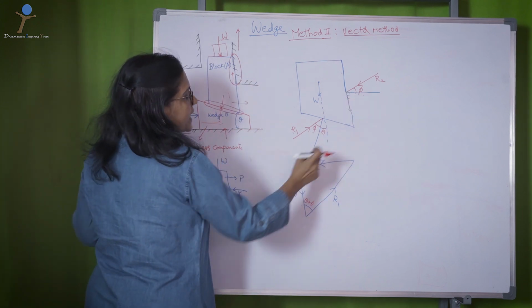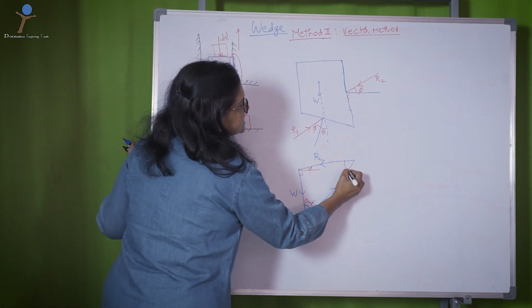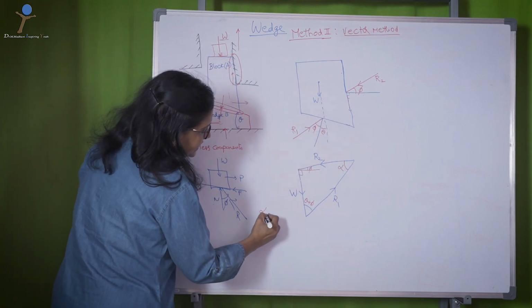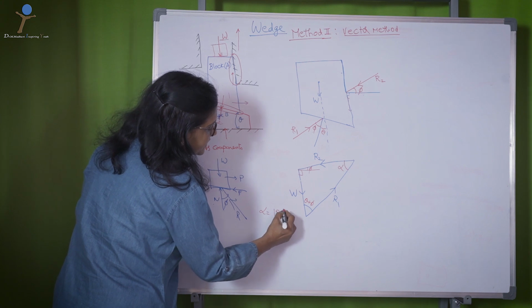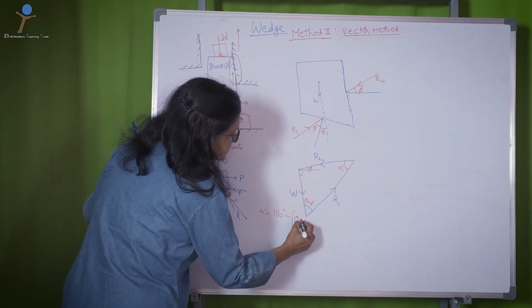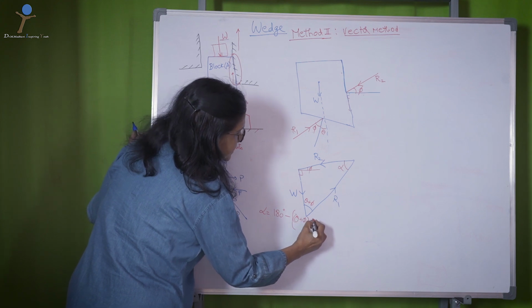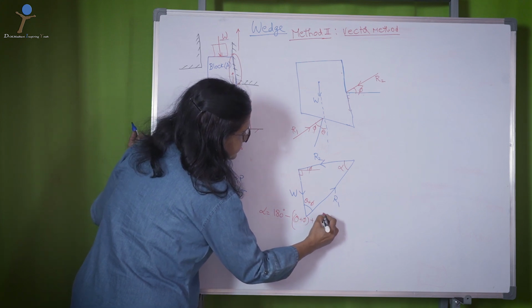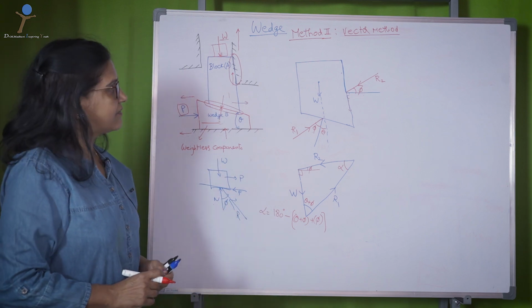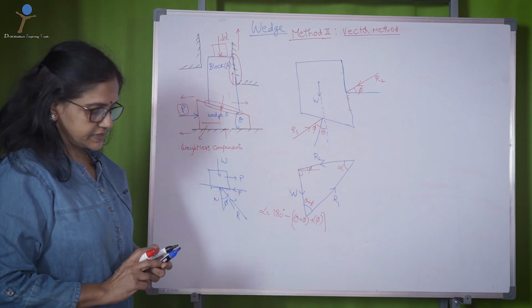So this is an unknown angle. Let me call it alpha, where alpha you can calculate as the sum of the angles of a triangle: 180 minus (theta plus phi) plus phi. Okay, so you can obtain alpha from this equation.